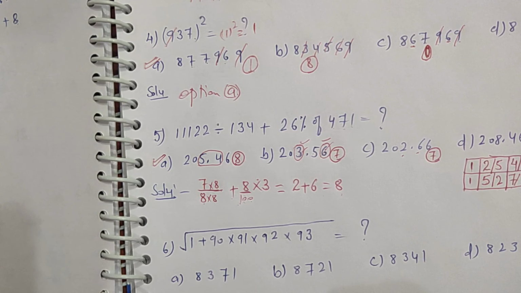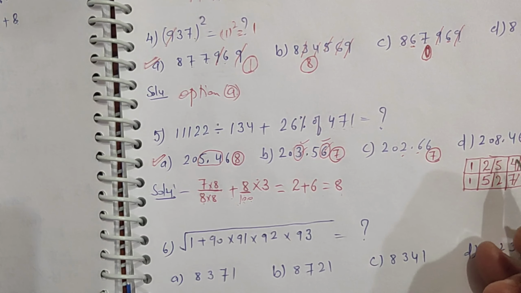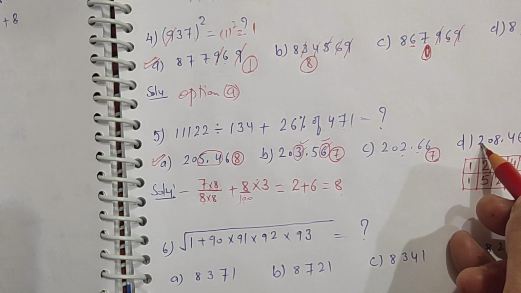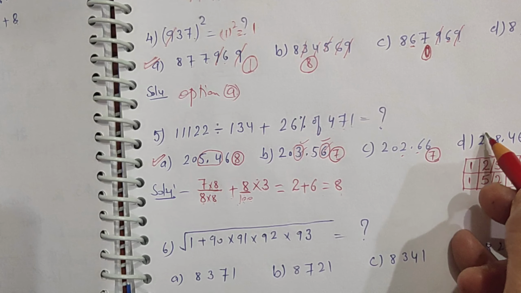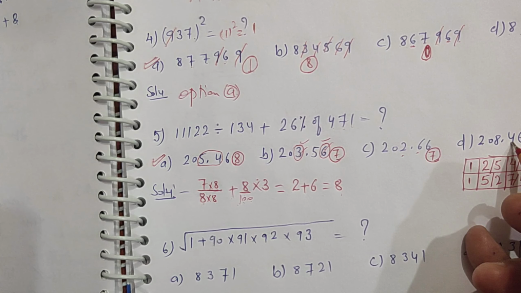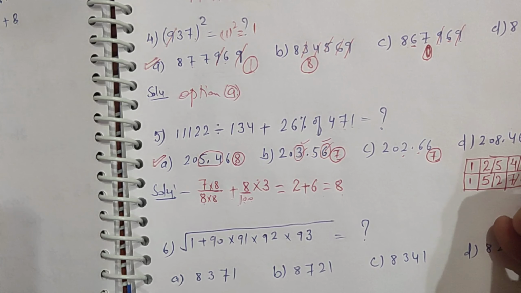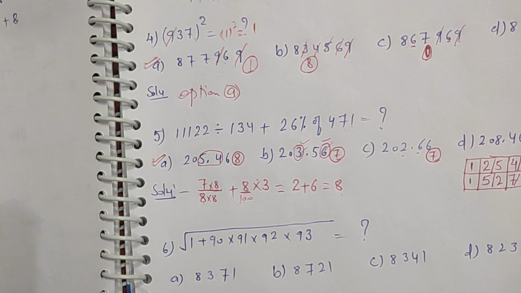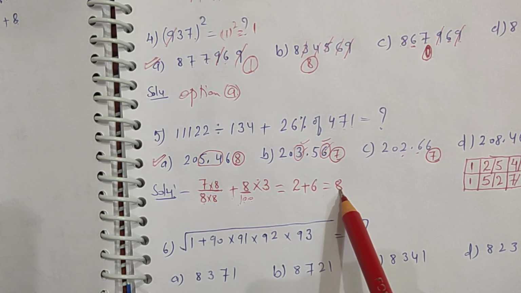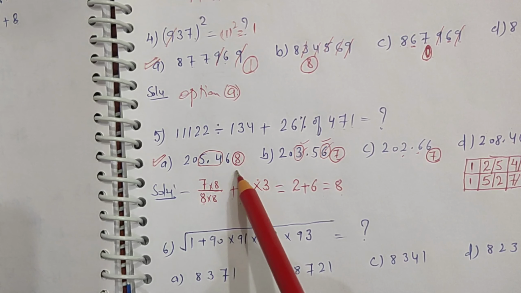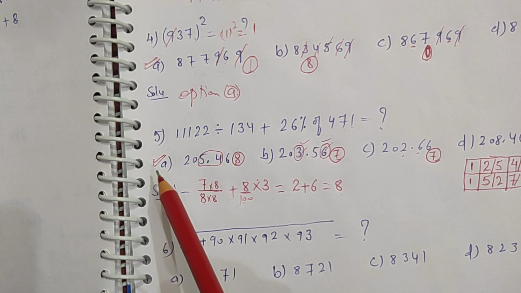Now, next one. Here if I see 8 plus 2, 10. 10 means 1. 6 plus 4, 10. 10 means 1. So, 1 plus 1 will be 2. So, as you can see, digit sum is 8 and this is the only option where I am getting 8 as digit sum. So, this is my correct answer.